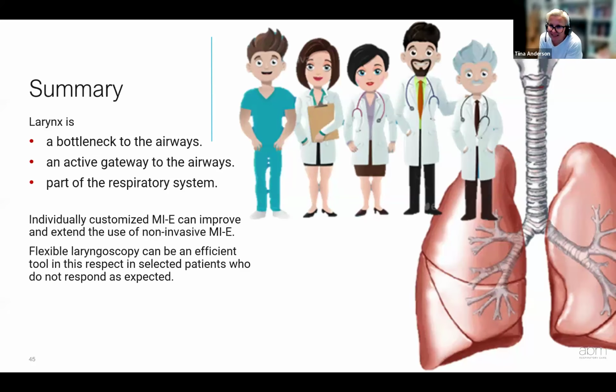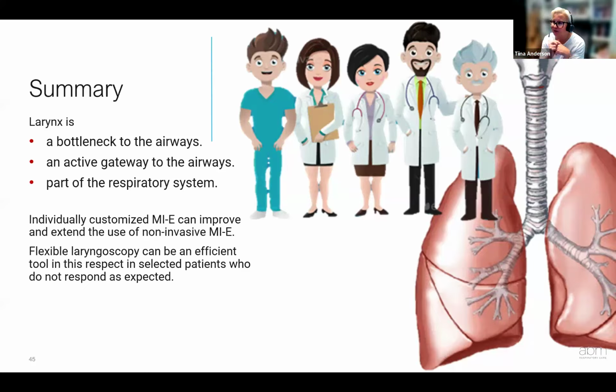So to summarize, we who love this kingdom of the lungs, keep in mind every kingdom has a narrow entrance, like in the old days. So think larynx, it's a little bit like a bottleneck to the airways, but it's not passive, it's quite active, like a gateway.